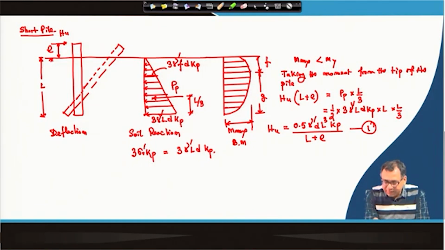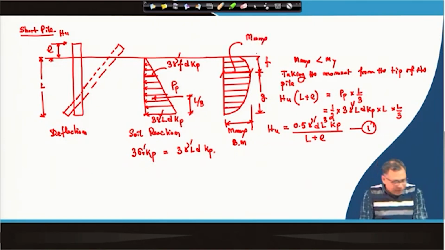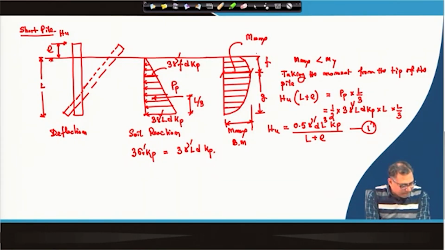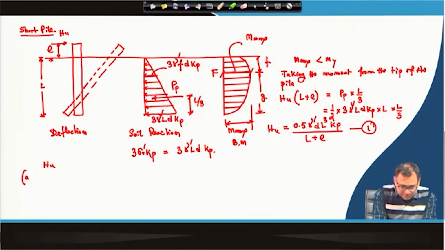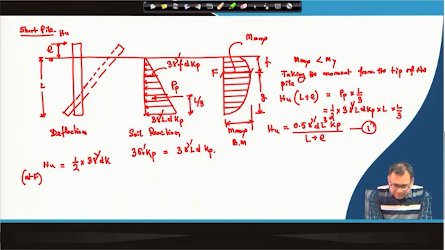So, this is the maximum moment actually, this is M max, at F. So, H u at F will be equal to half into 3 gamma dash d K p F into F, so F square. So, that is the H u.